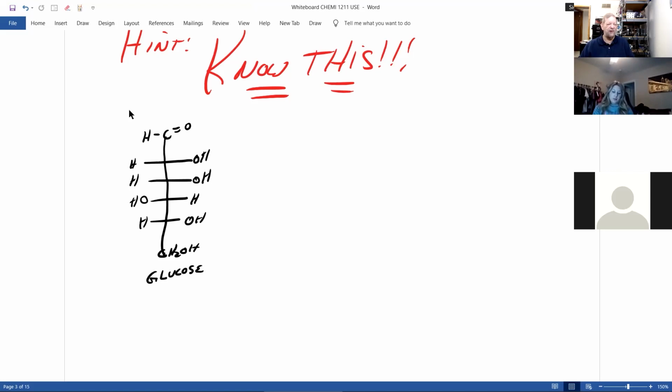Here we have glucose. Now, notice I have an aldehyde on the top. And at C5, carbon number 5, 1, 2, 3, 4, 5, I have a hydroxyl group on a carbon, an alcohol. So, let me write it again up here.